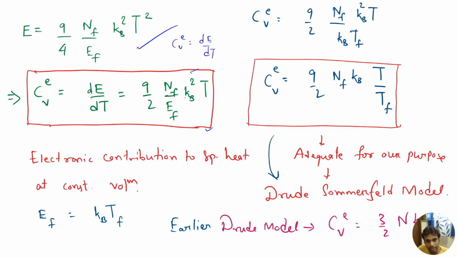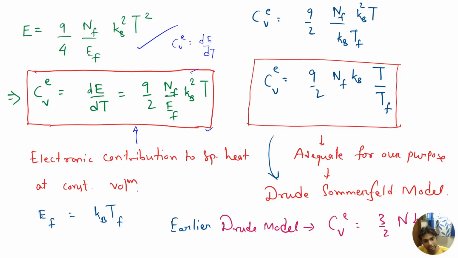So what we have here is the expression for CVE. It is linear in temperature. So this is one of the successes that the Sommerfeld model can tell. Okay. Now the electronic contribution to the specific heat at constant volume, so this is what we have.